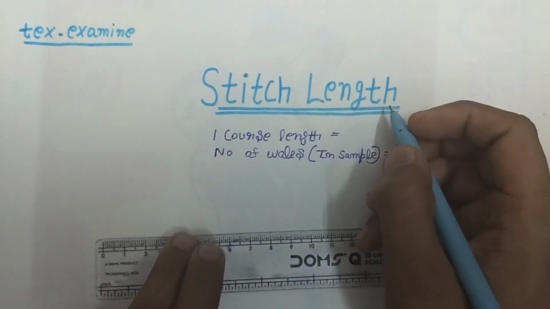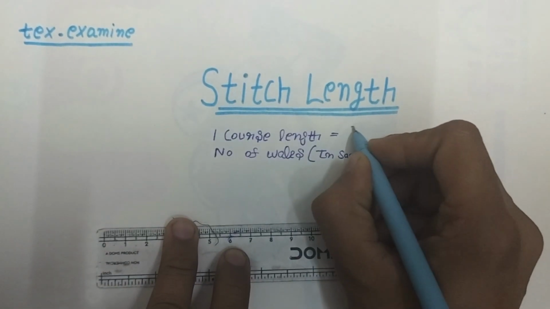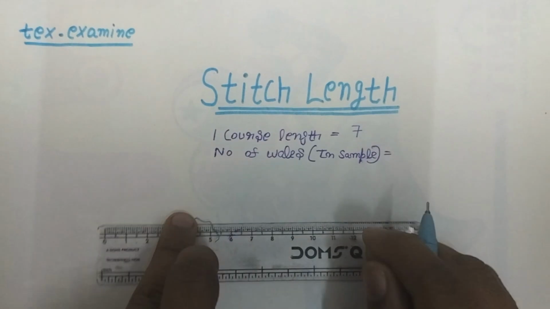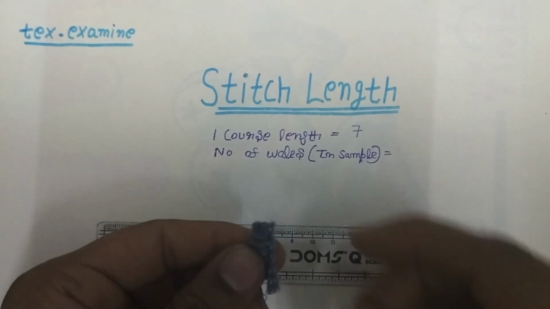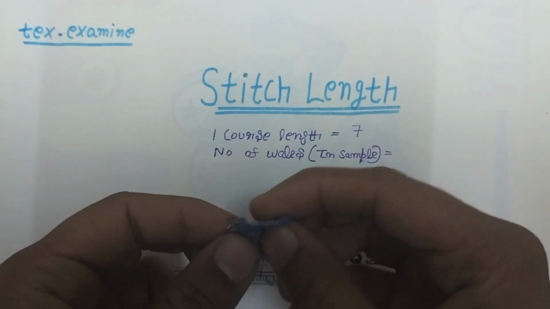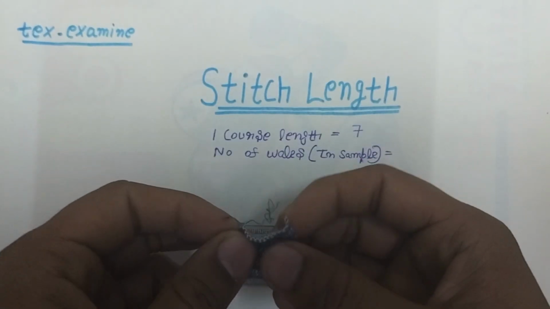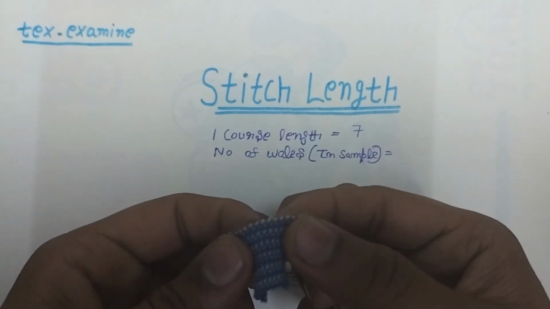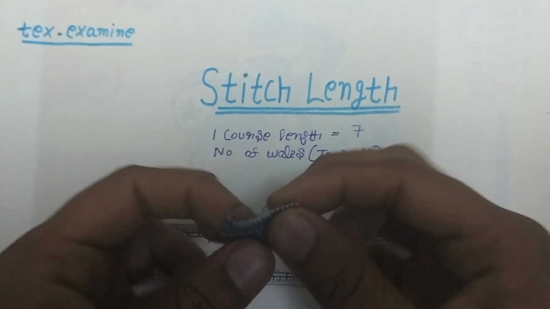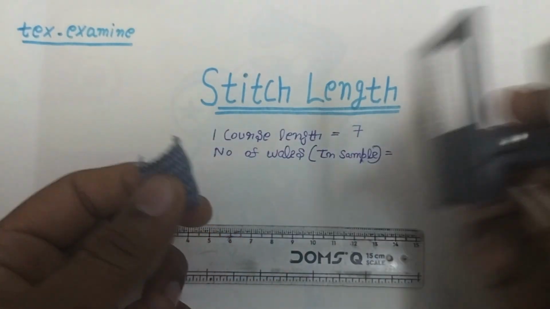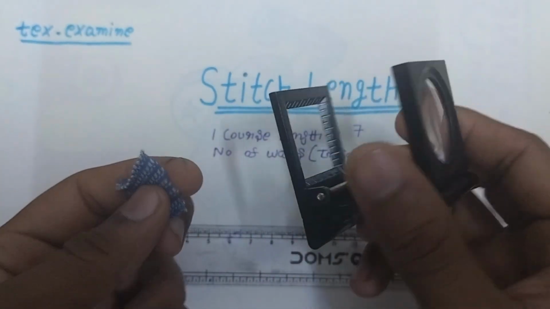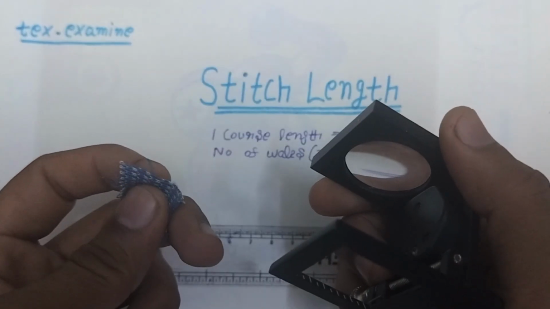So we can write 7 is our one course length. And then second, you have to analyze the number of wales in that sample. You can easily analyze this by using a microscope or a magnifying glass.